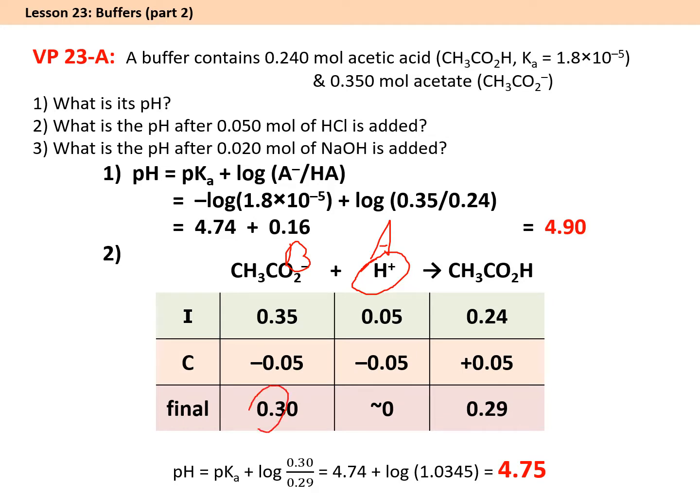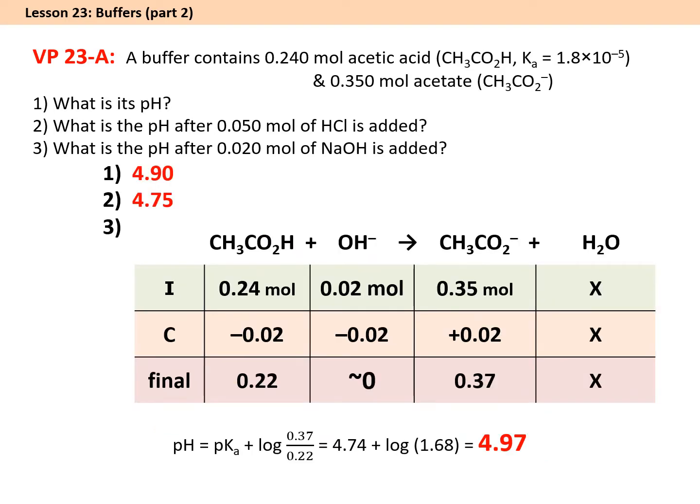I get new concentrations of my buffer components. I plug those back into the Henderson-Hasselbalch and I get my pH. The same thing goes in step 3 when now I'm adding in OH minus in there. All right. Now my base that I added reacts with acid.